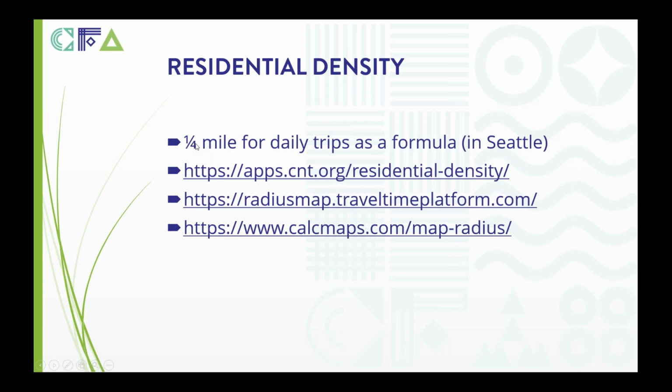So I think it would be good to create your own formula for that, what you think the minimum or the maximum radius for most people is for a quick jaunt to the farmer's market.